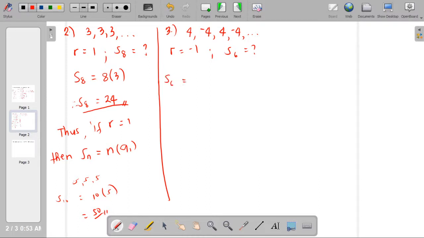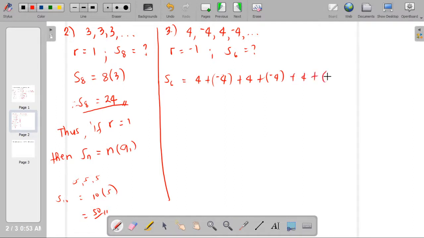S sub 6 equals six terms, so that would be 4 plus negative 4 plus 4, positive again next, then plus negative 4 again. How many is that? Four terms. The next one should be positive 4.